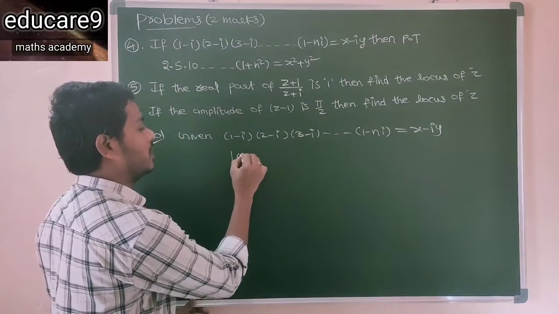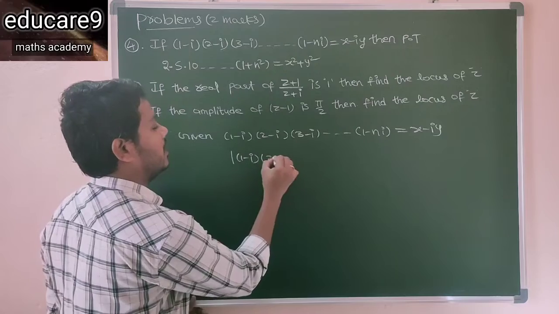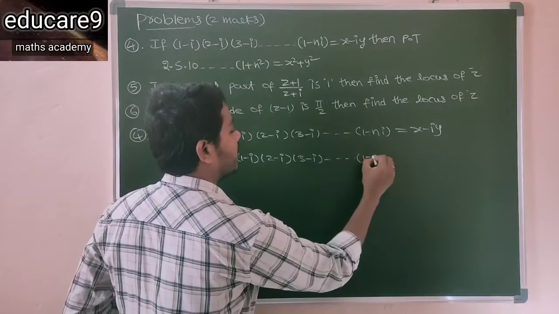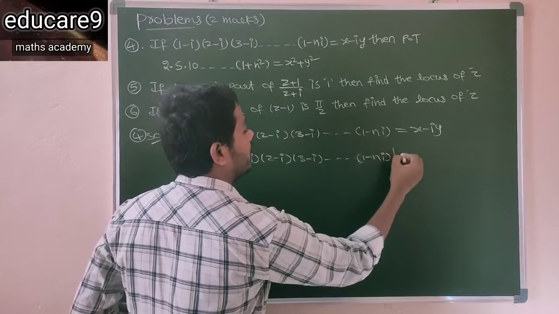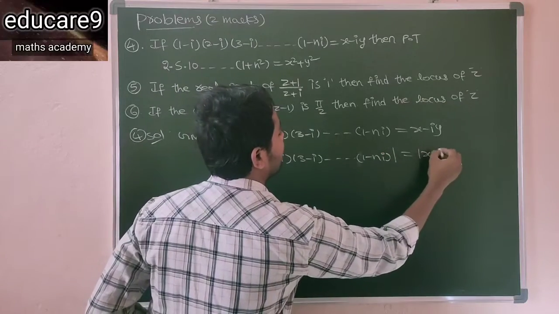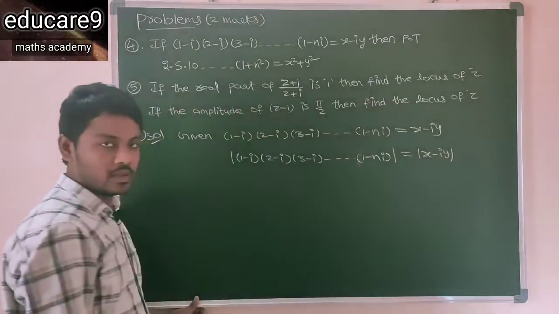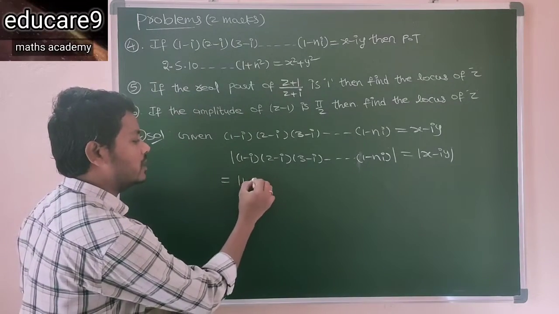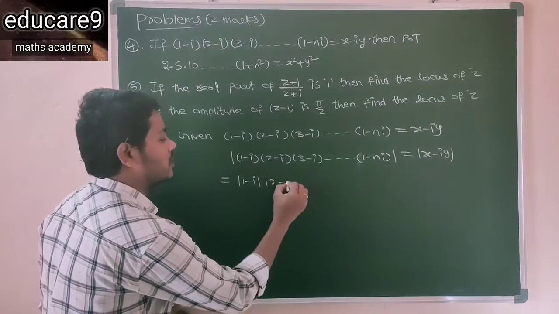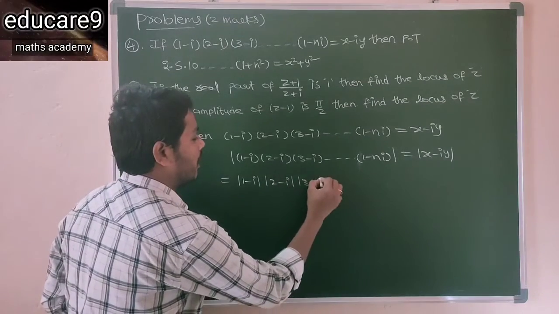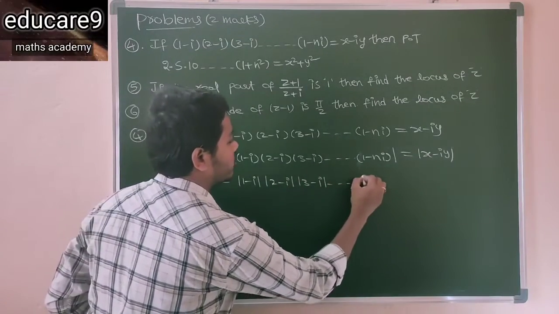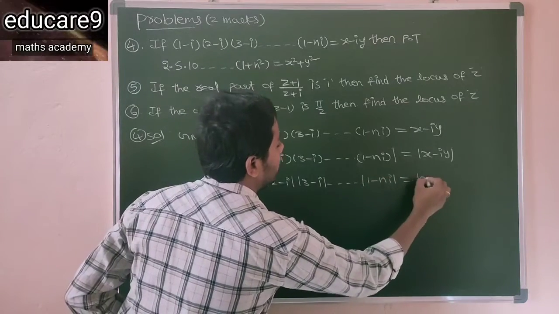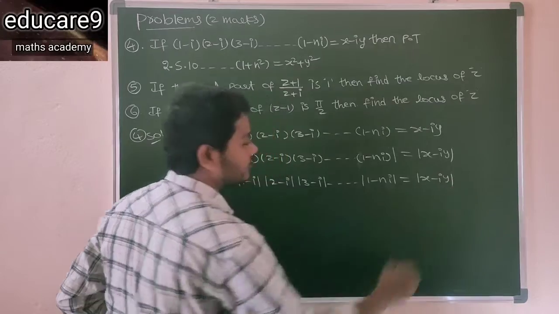So that is modulus of (1 minus i)(2 minus i)(3 minus i) and so on (1 minus ni) is equal to modulus of x minus iy. And this is also written as modulus of 1 minus i, modulus of 2 minus i, modulus of 3 minus i and so on modulus of 1 minus ni is equal to modulus of x minus iy.